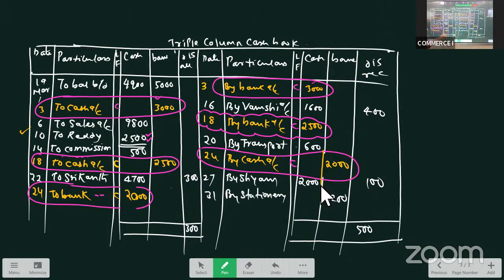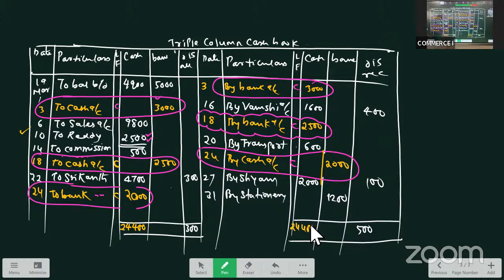Okay. So it is 24,400 on the debit side of the cash column. 24,400.